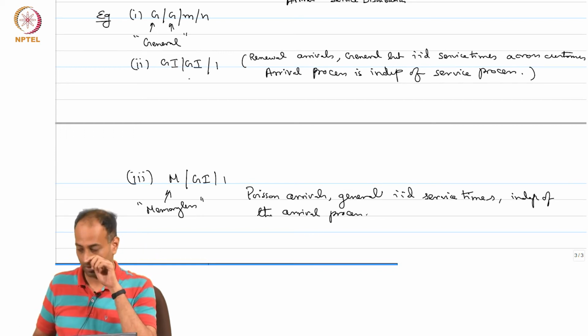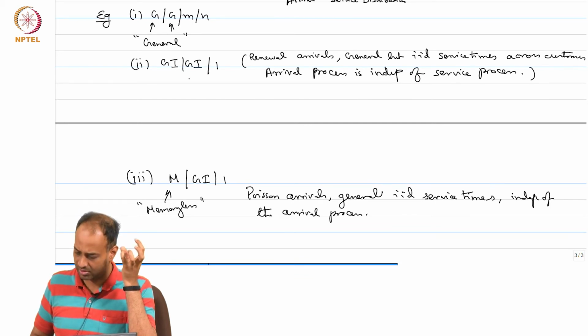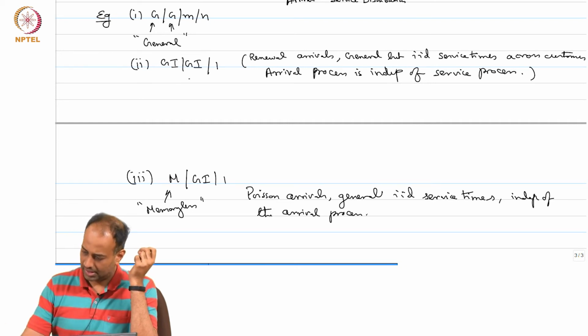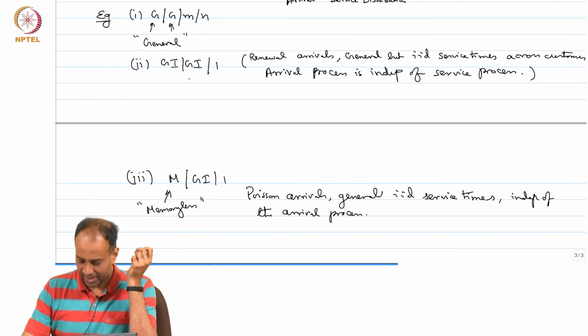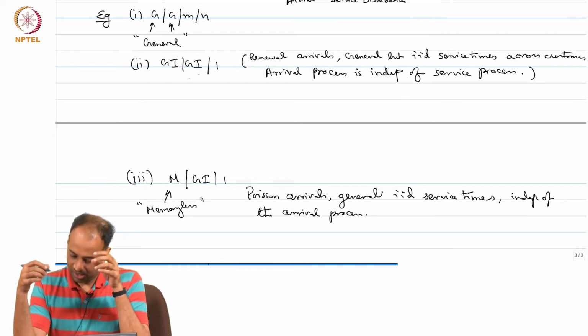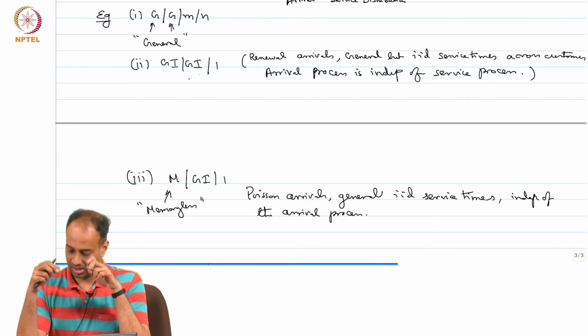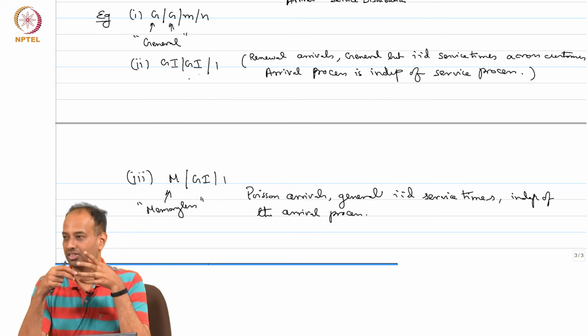Should it be identical? Like when I am serving the customers, should I always go with an identical distribution to the last customer whom I serve? In this notation, when I say GI/G or M/GI/1, the notation implies that the service times across these customers are independent and identically distributed.